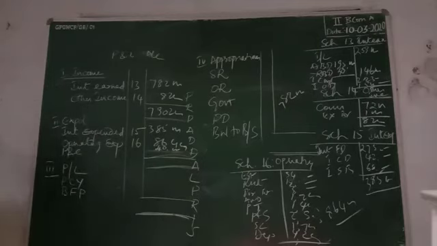Next, you are asked to provide for taxation at 50%. The provision for taxation is to be calculated on the income.